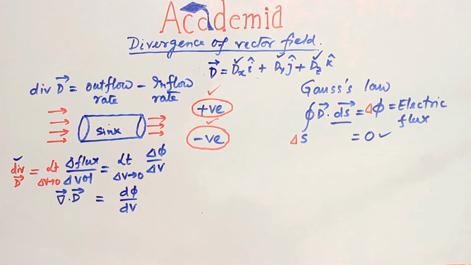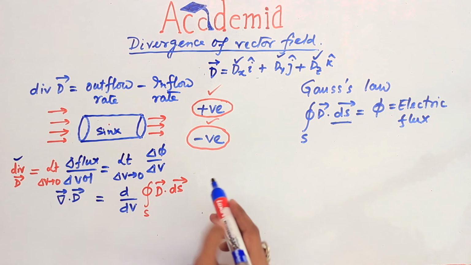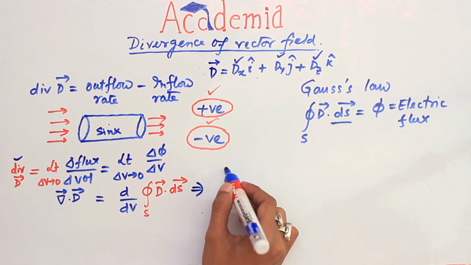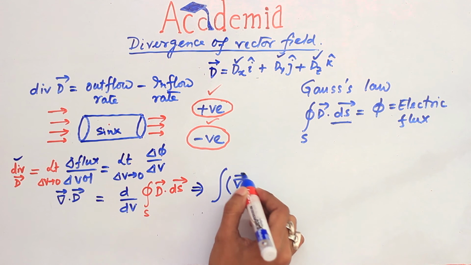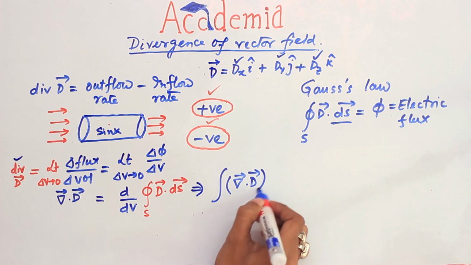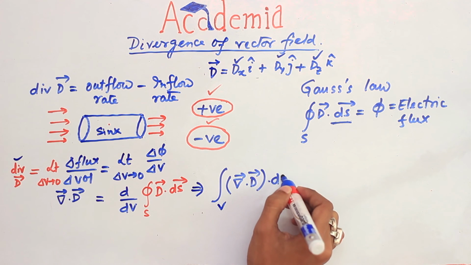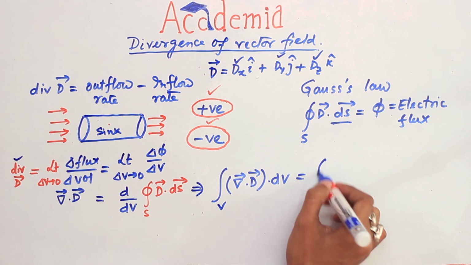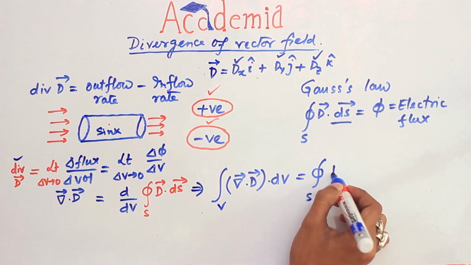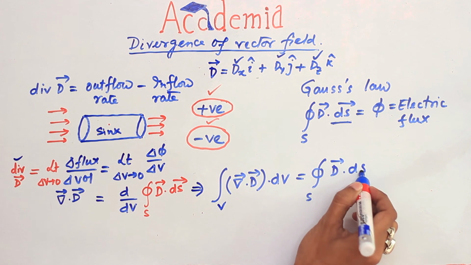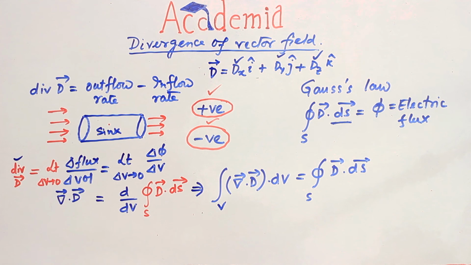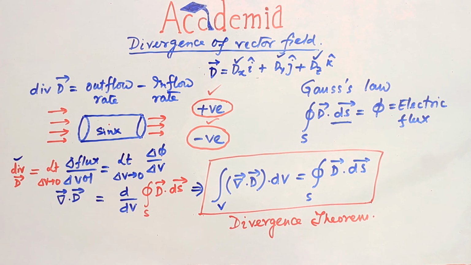Now in place of phi, from Gauss's law we can write closed integration of D dot ds over the surface S. Now if we integrate on both sides with respect to volume, then we have volume integration of del dot D equals closed surface integration of D dot ds over the surface S. This is the mathematical expression for divergence theorem.